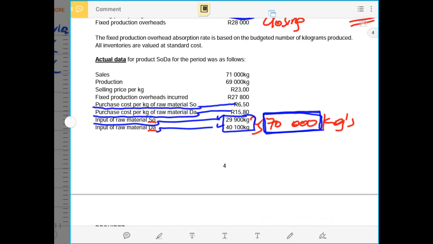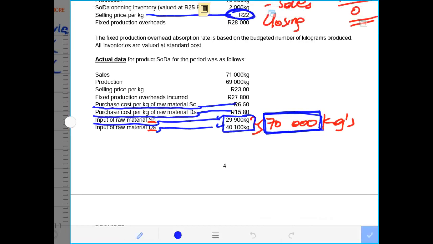So calculating our standard mix for material saw, it will be 0.4 divided by 1, times 70,000 kgs.